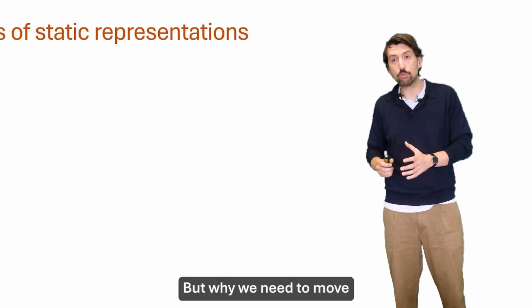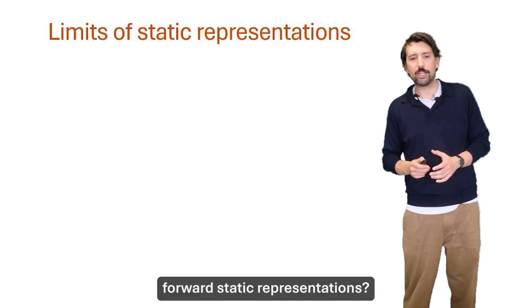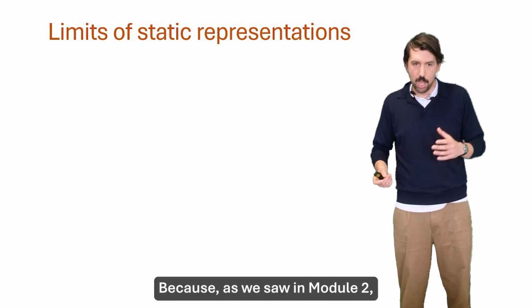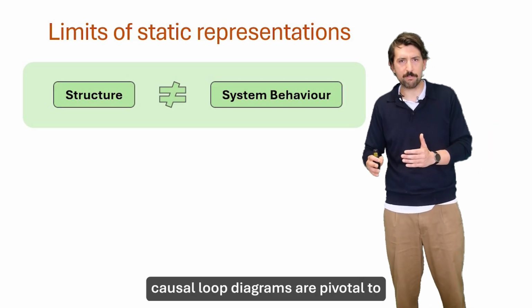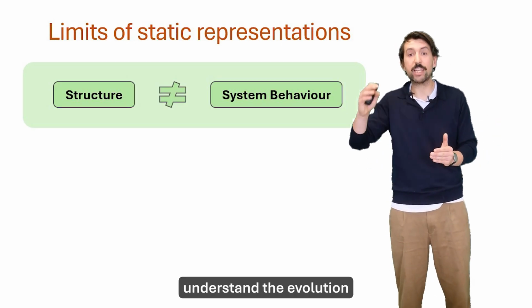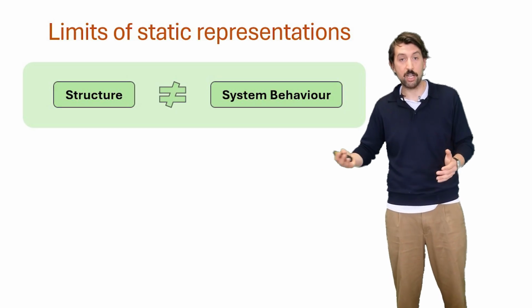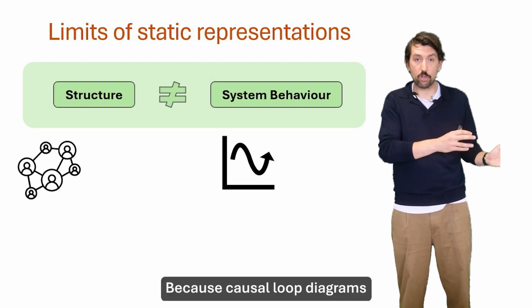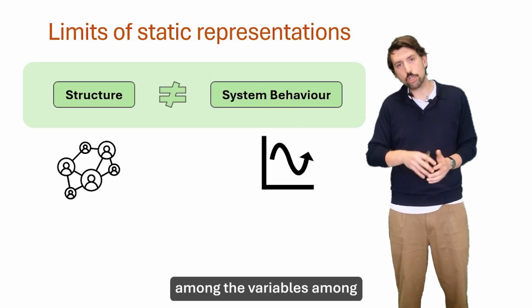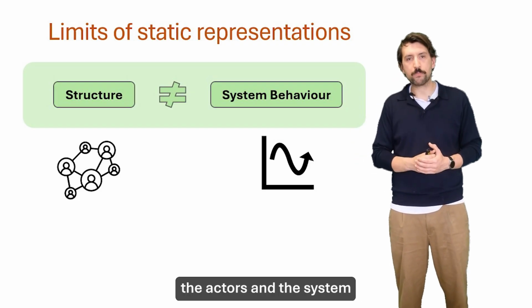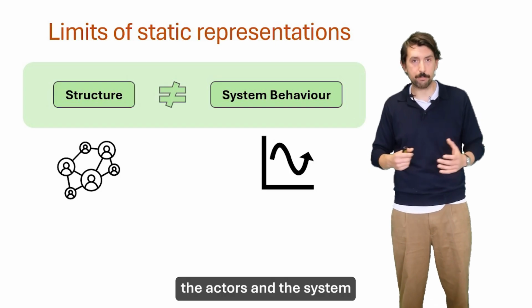But why do we need to move beyond static representations? Because, as we saw in Module 2, static representations such as causal loop diagrams are pivotal to understand the evolution of the system dynamics, because causal loop diagrams analyze the causal relationships among the variables, among the actors, and the system as a whole.